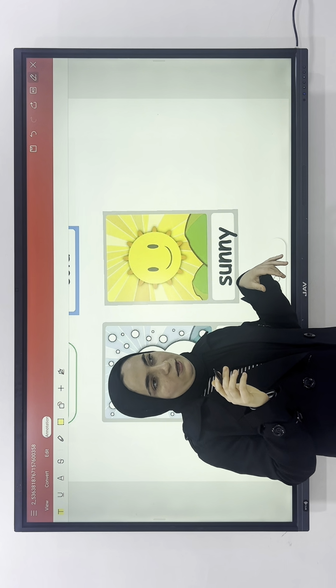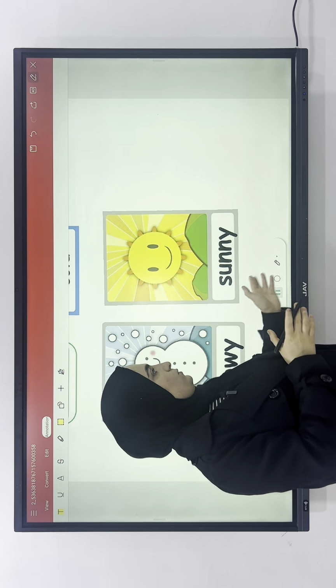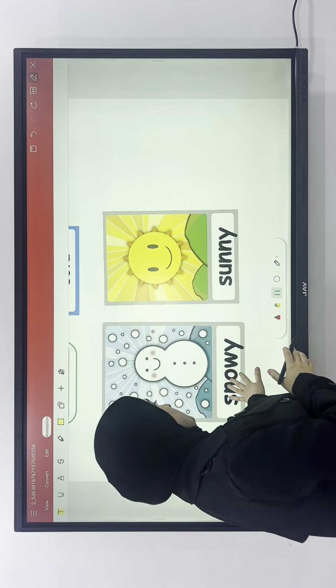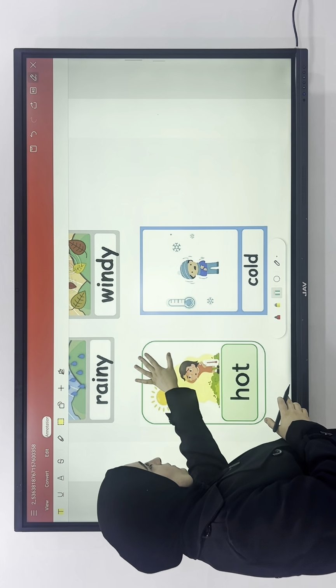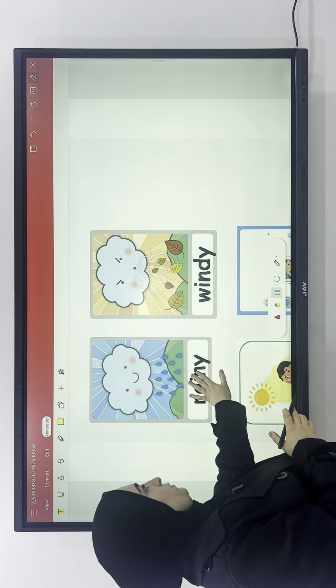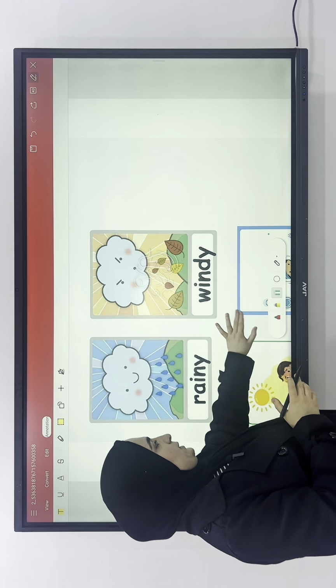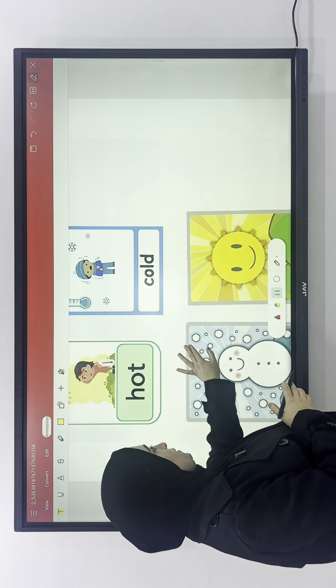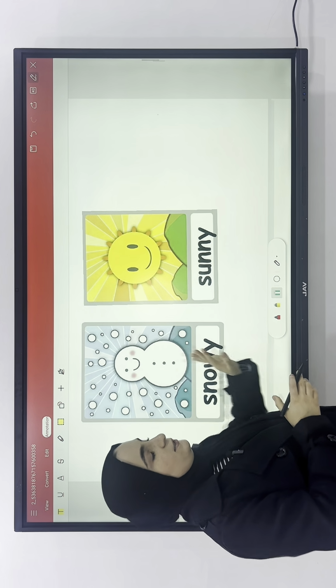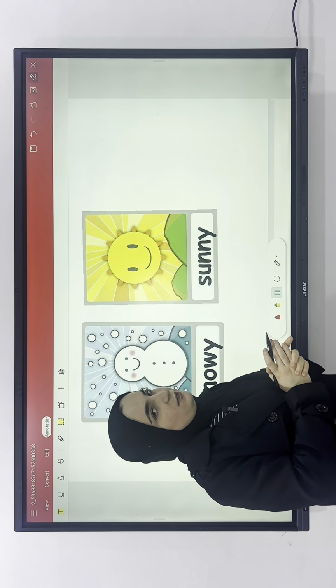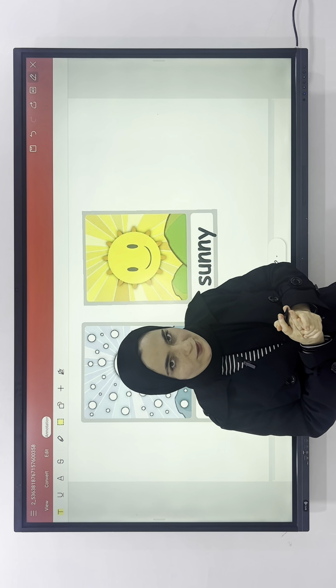It is the opposite of the rainy weather. So let's review: rainy, windy, hot, cold, snowy, and sunny. Guys, these are the 6 types of weathers.